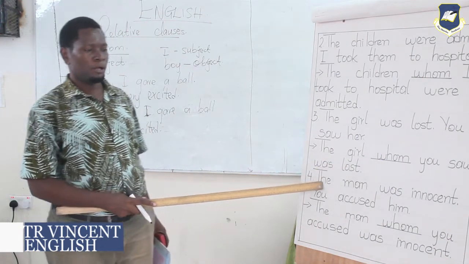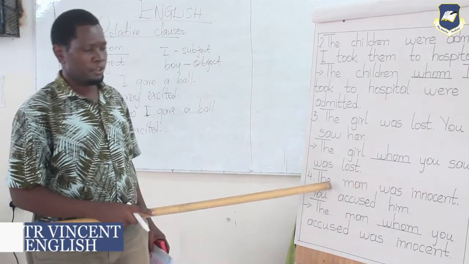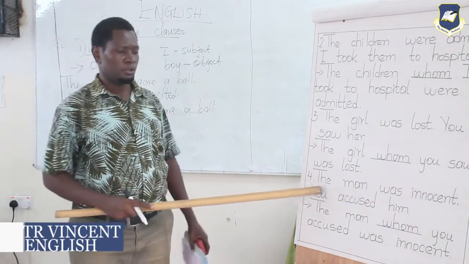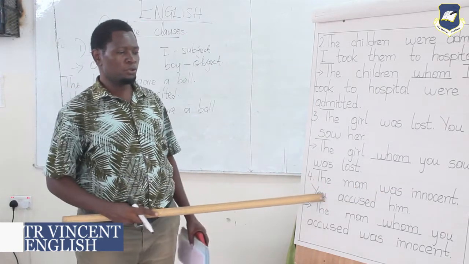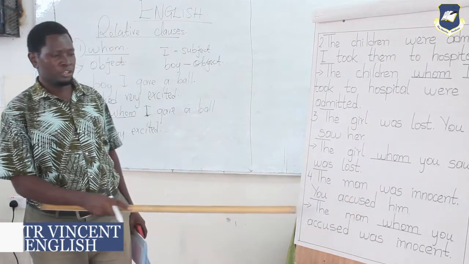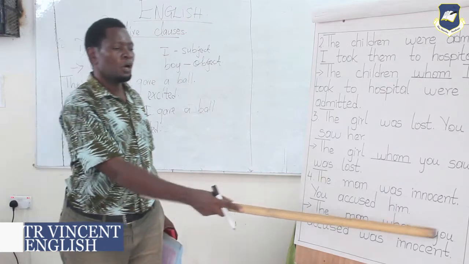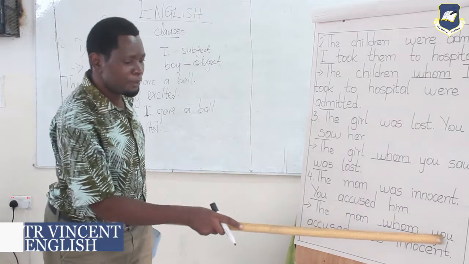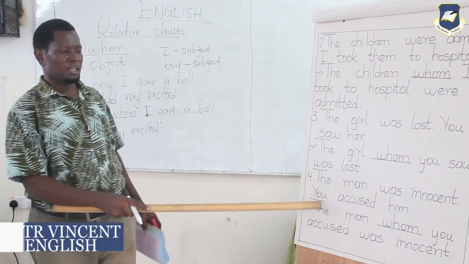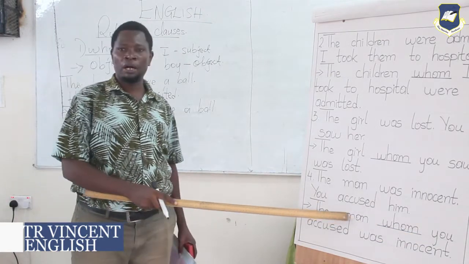Lastly, the man was innocent. You accused him. So in this case, once again, you are the doer of the action. You are the subject. The man was accused. So man here is our object.